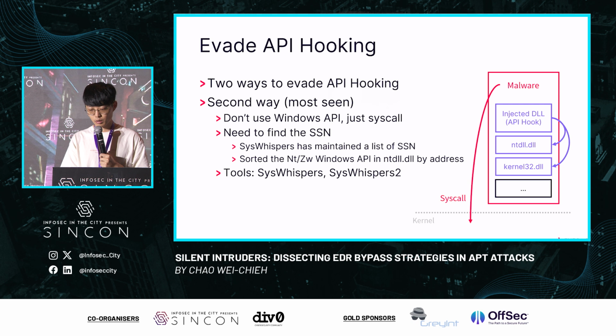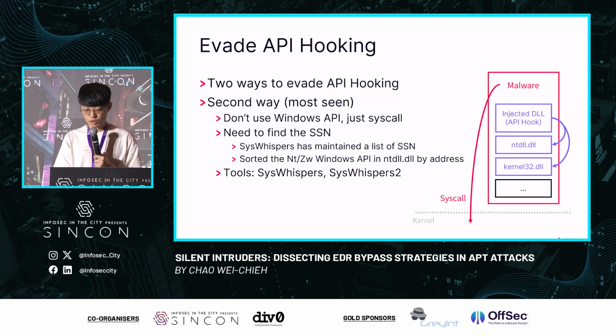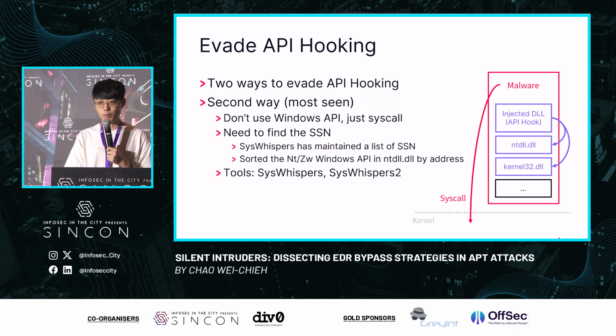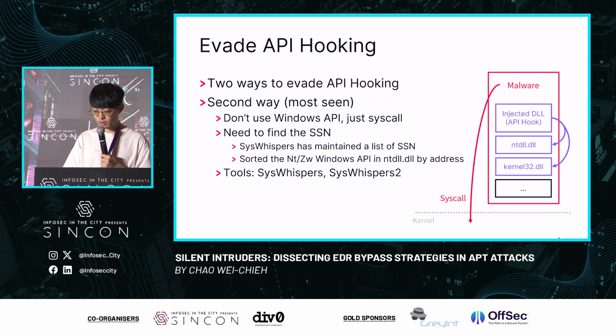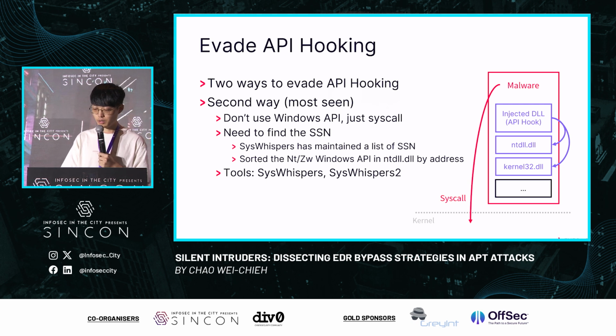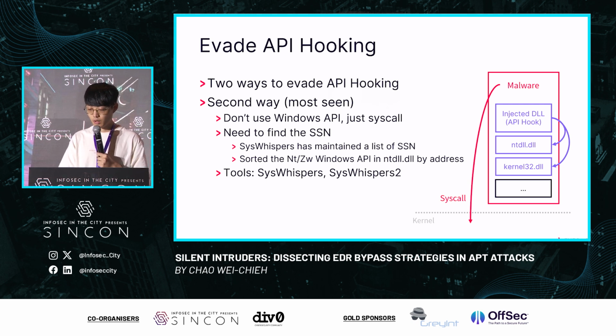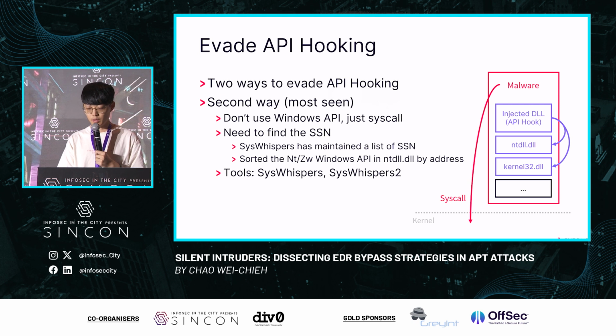Since the battle over recovering the memory of the system library is quite complex, the other simpler way is to completely give up on the Windows API. So we can do syscall directly. But syscall in Windows is a little bit different from Linux.